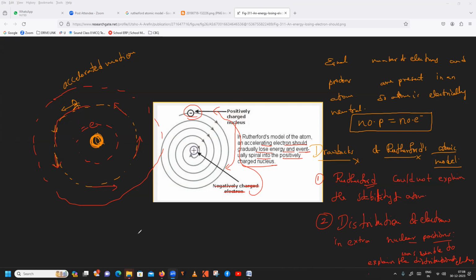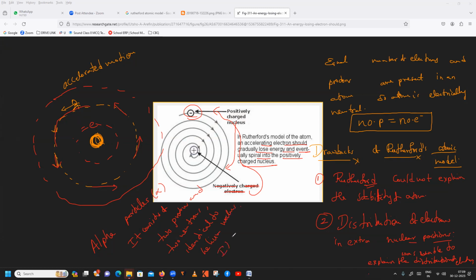Now last, before ending the class, once again I'm saying alpha particles. What are alpha particles? Because the entire Rutherford experiment is about these alpha particles. An alpha particle consists of two protons and two neutrons, identical to a helium nucleus.